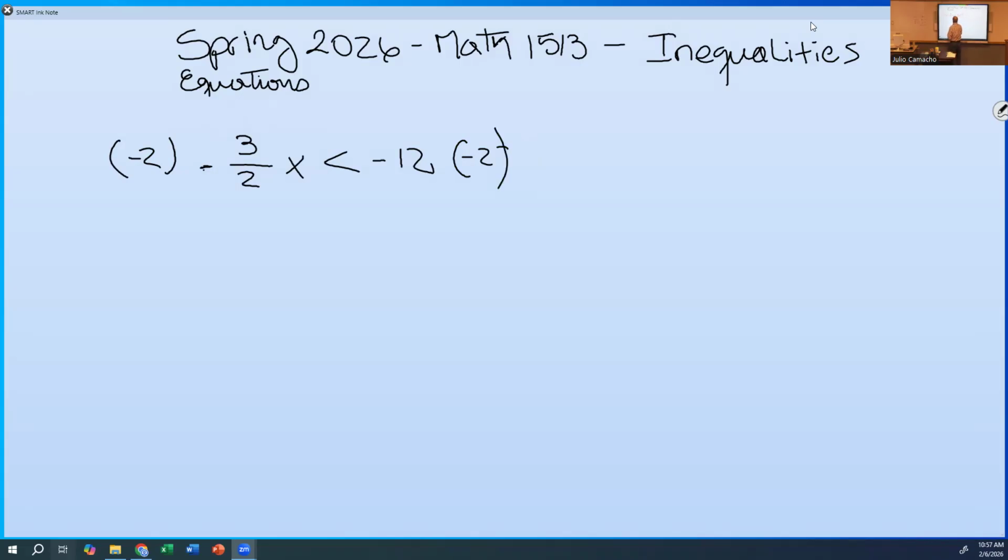Because I do that, this negative 2 and this 2 will cancel, and then I have 3x is greater than, because I multiplied both sides by a negative number, I need to change the direction. It's greater than negative 24, because a negative times a negative is positive.